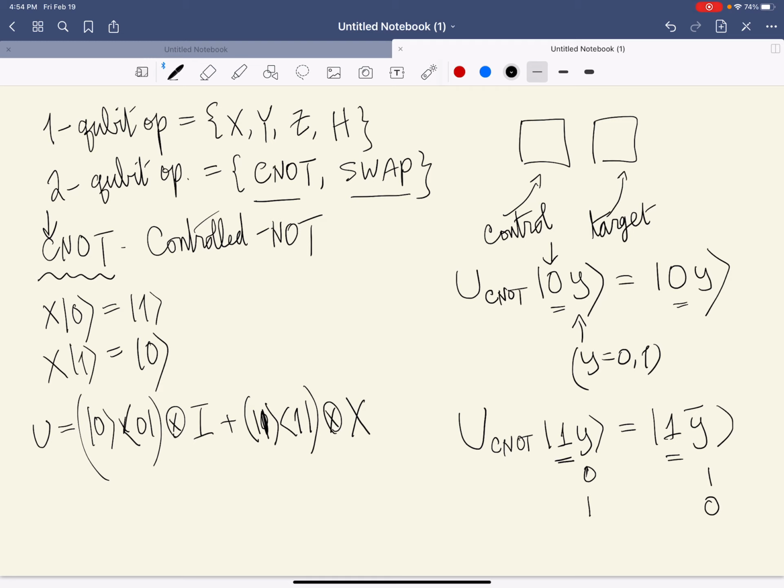Now, the matrix representation of this you can work out quite easily. Actually, let me do it in a more elegant way.